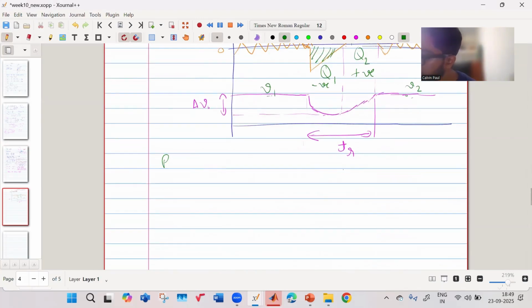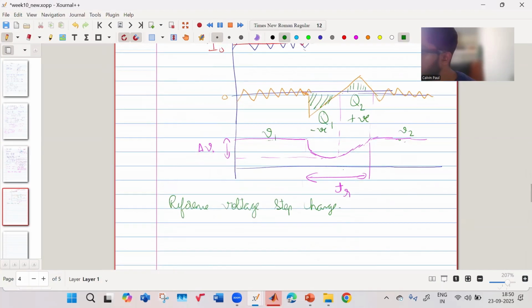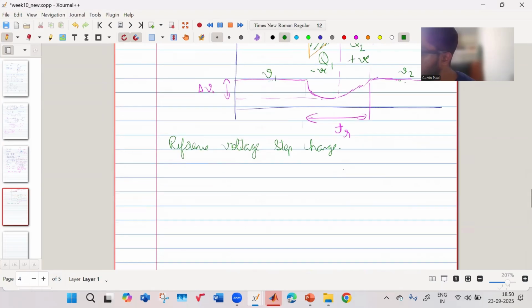Next is reference voltage step change. Suppose your output voltage was 1 volt.